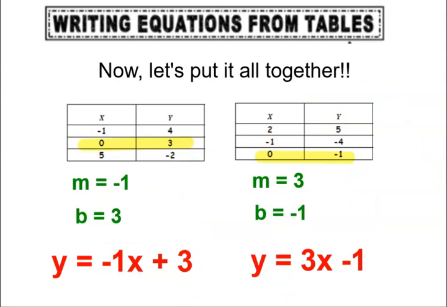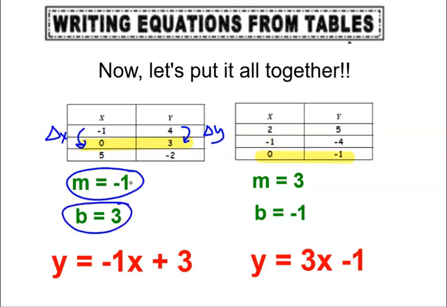Now we're going to put it all together. The first thing we learned was that we can find the y-intercept just by looking at the table. The y-intercept is the y value when x is 0. After that, we took two random points, or we found the pattern of the y and the pattern of the x, and we found our slope.